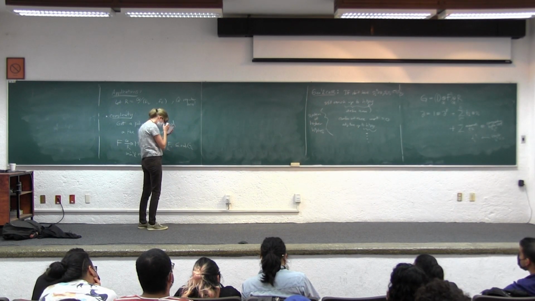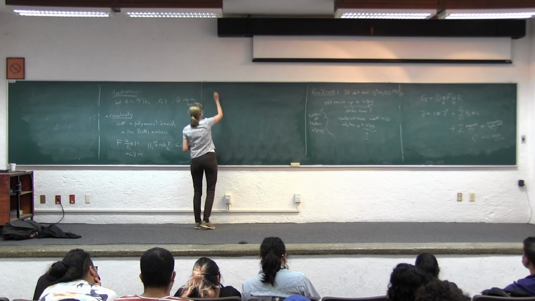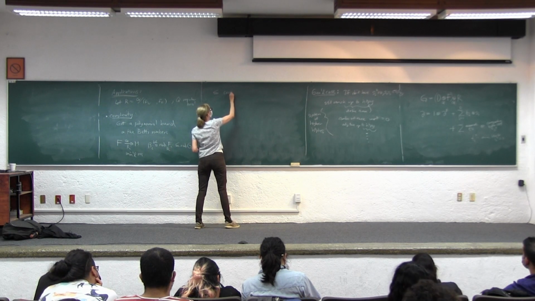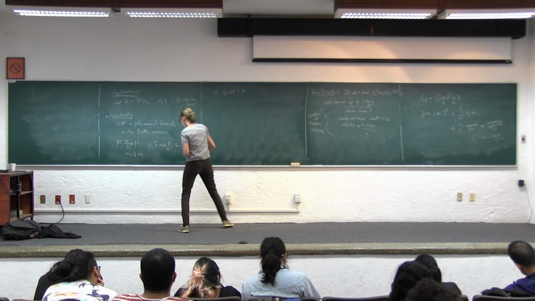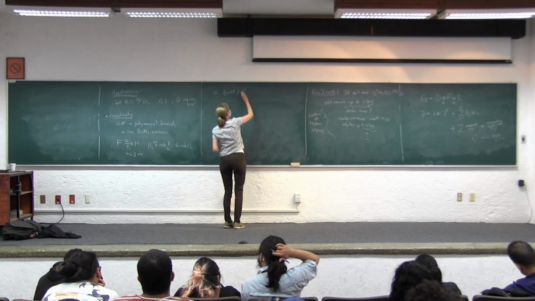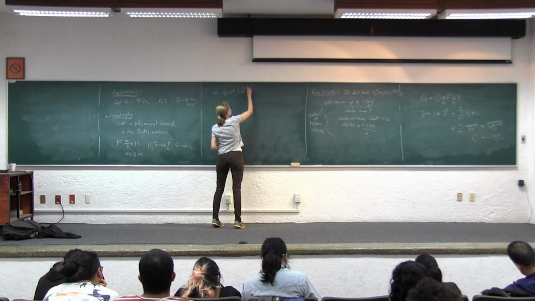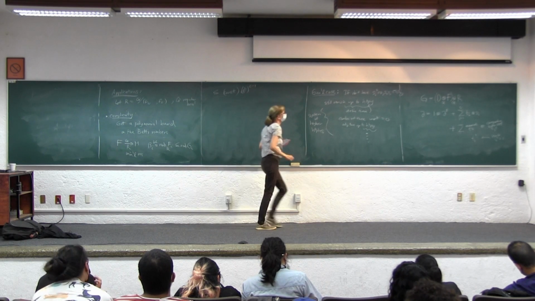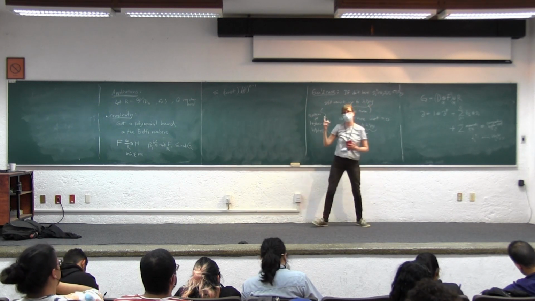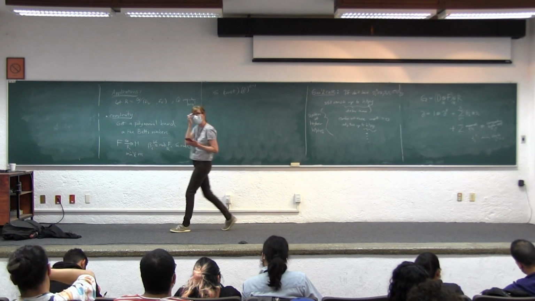So in fact, that is less than or equal to a constant times n raised to the c minus 1, where c was the number of equations f_1 up to f_c. Okay, questions?